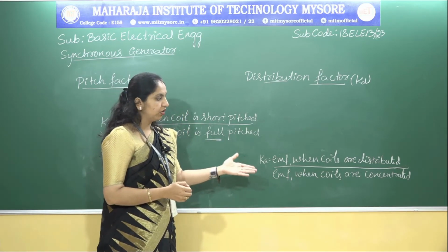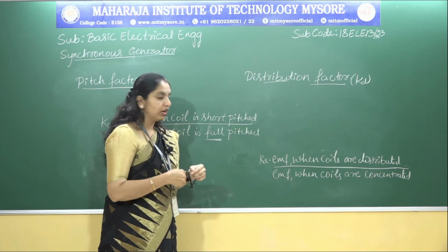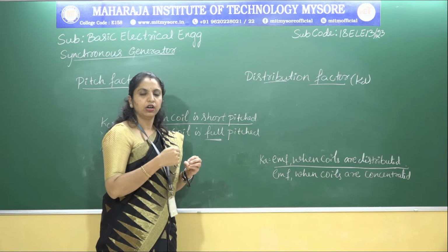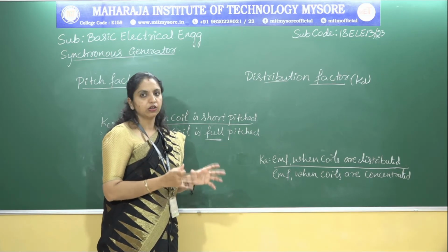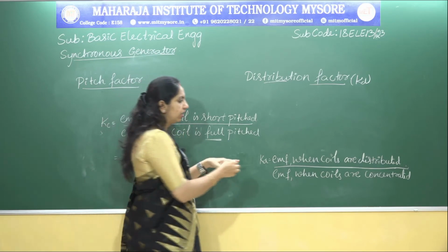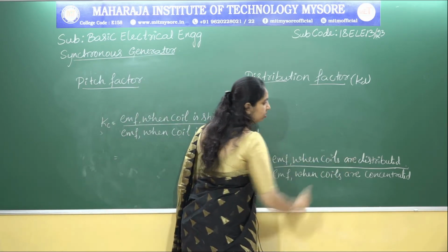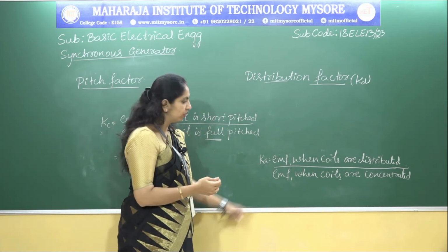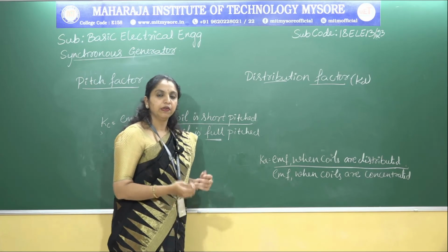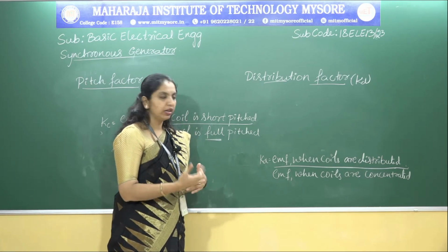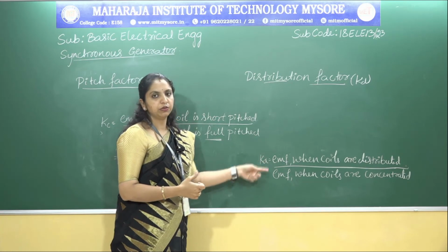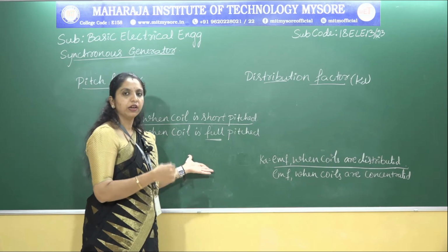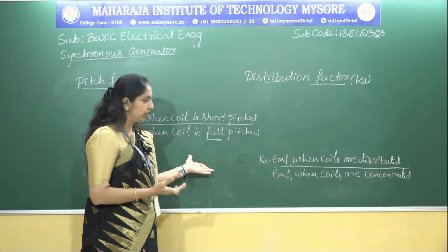Here, it depends on how the coils are wound: if wound closely, we call it concentrated, and if spread out, we call it distributed. The ratio of the distributed to the concentrated EMF is the distribution factor. Based on Kc and Kd, finally we derive the expression of induced EMF.